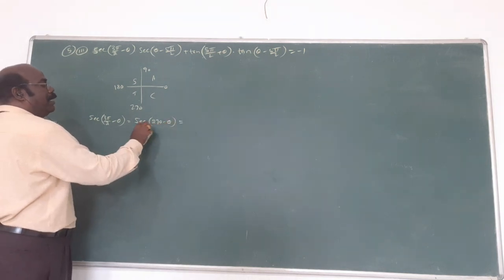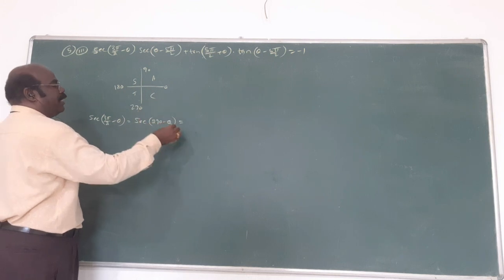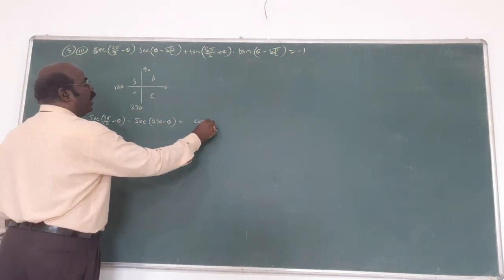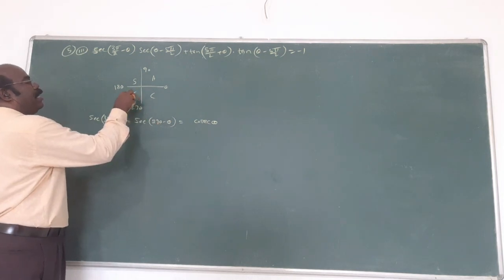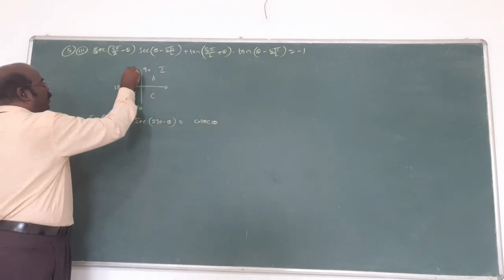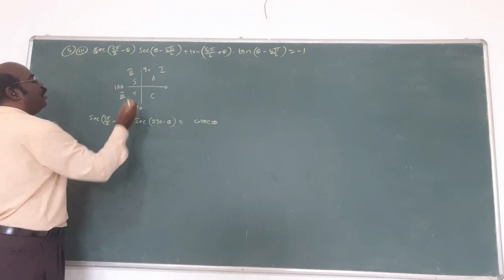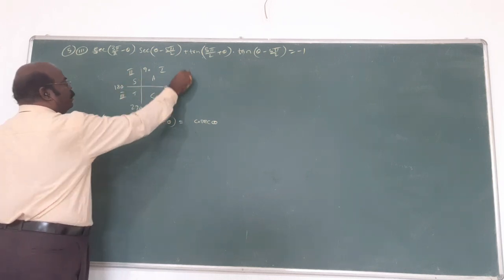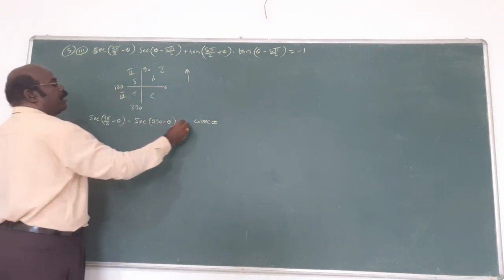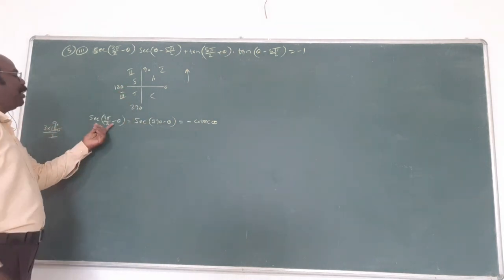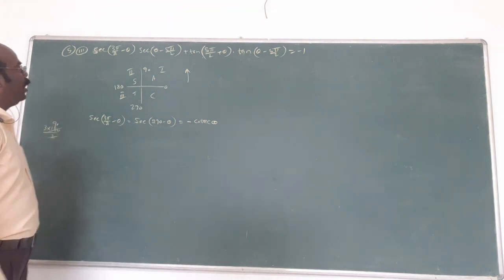With 270, secant becomes cosecant theta. 270 minus something is in the third quadrant, where only tan is positive, so cosecant is negative. Now the simplification for this is minus cosecant theta.